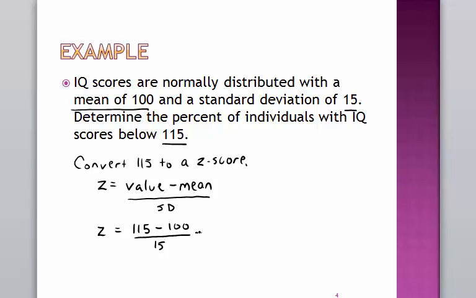115 minus 100 on the top is going to give me 15 on the top and 15 on the bottom, which we know equals 1. So what we have found now is that 115, which is a regular data value, is the same thing as a z-score of 1.